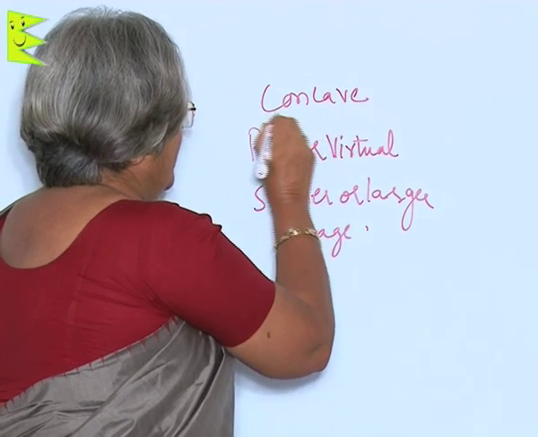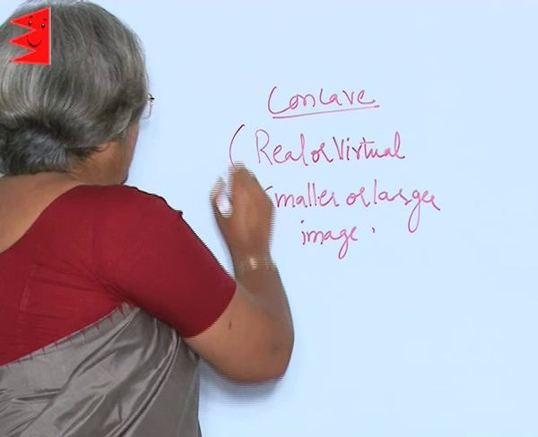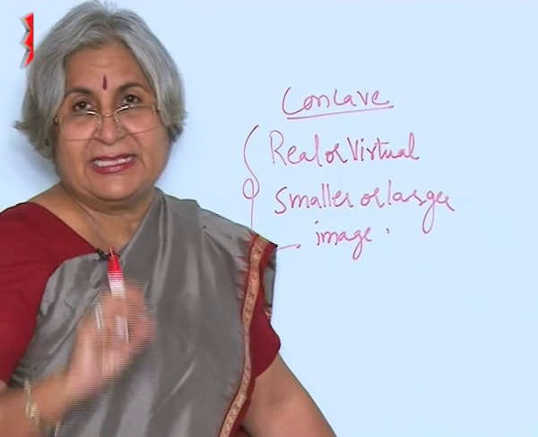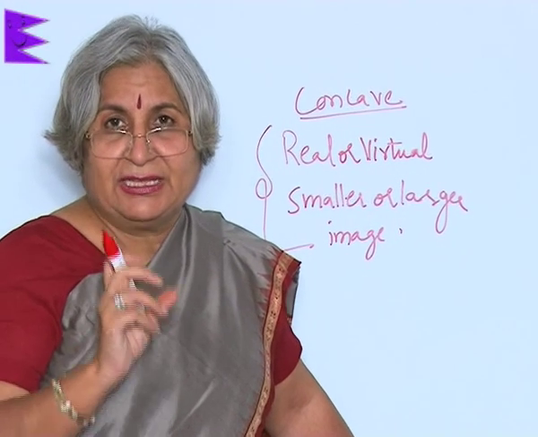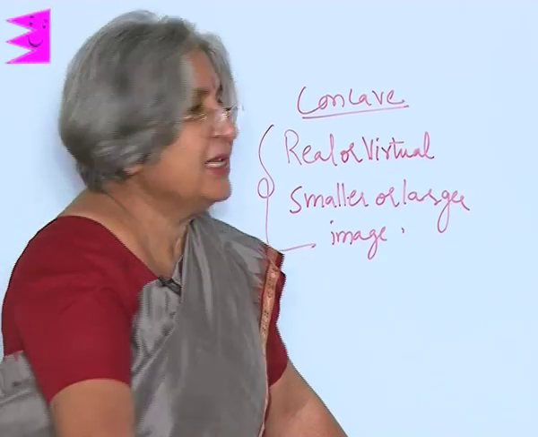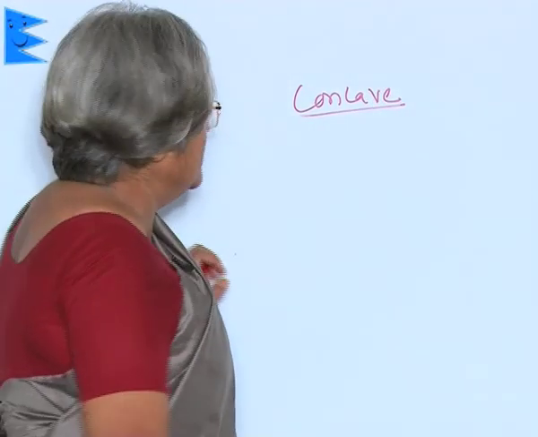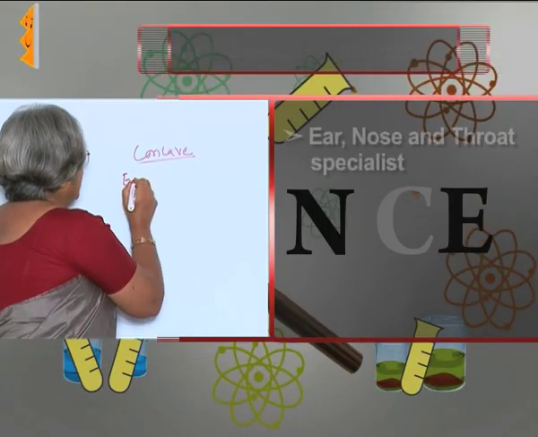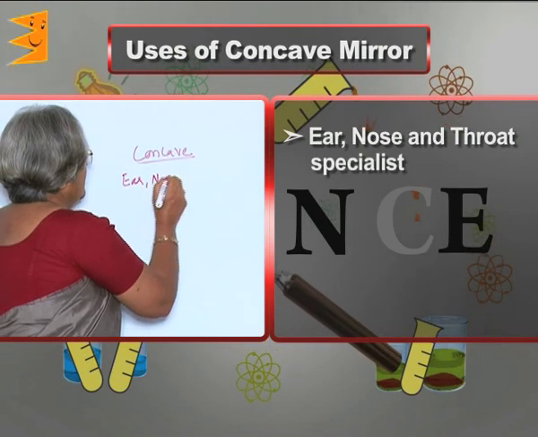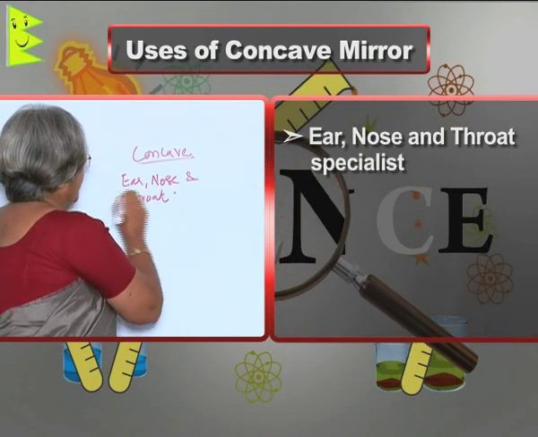You know, concave mirrors are very useful because of this property that they have, that by changing the distance we can change the size of the image. They are used for many purposes. For example, the ENT specialists use concave mirror for checking ear, nose and throat.